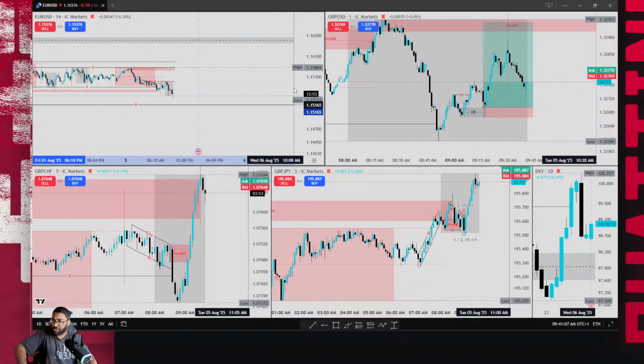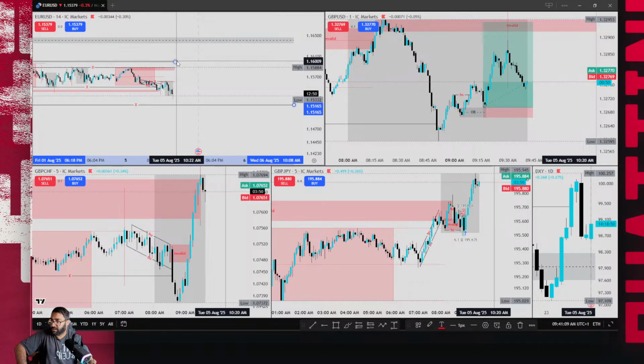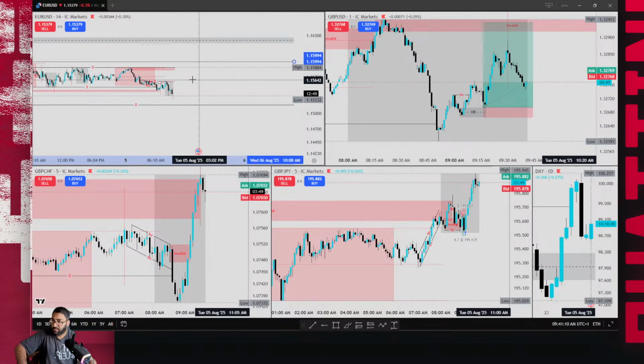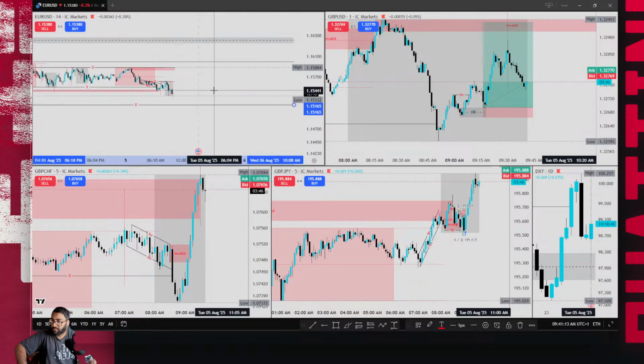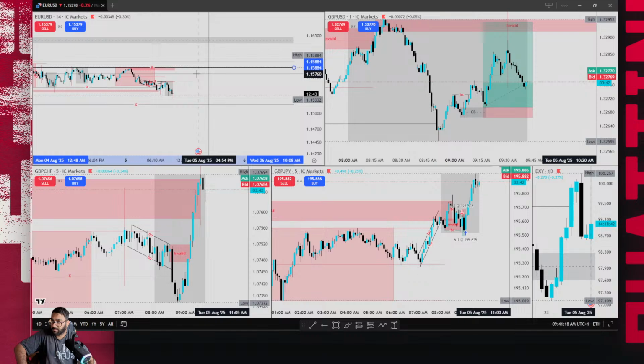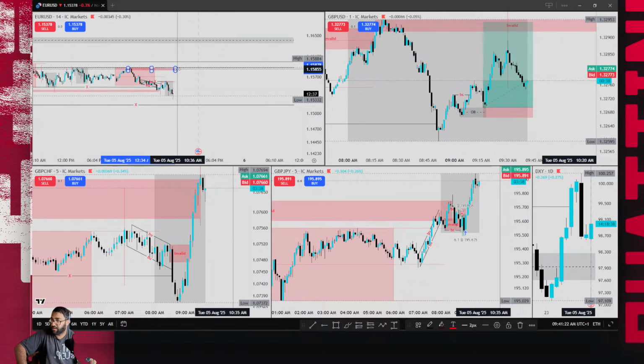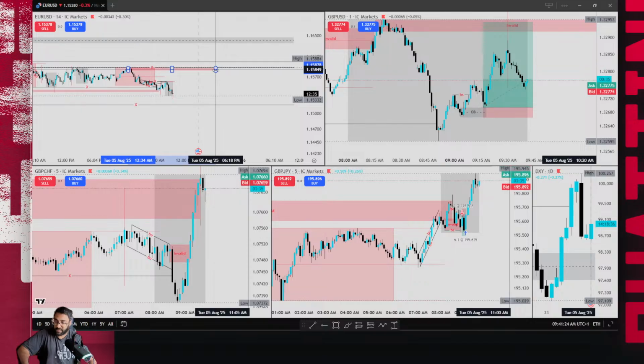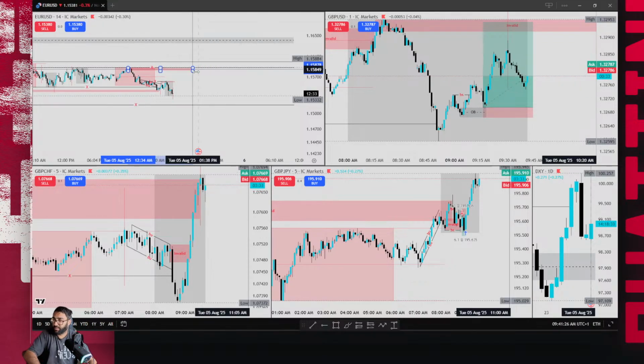I don't really trade New York, so I'm just gonna have to wait till Wednesday. Yeah, I'm expecting this zone to fail though. I'm probably gonna keep it for New York session. Oh no, wait!